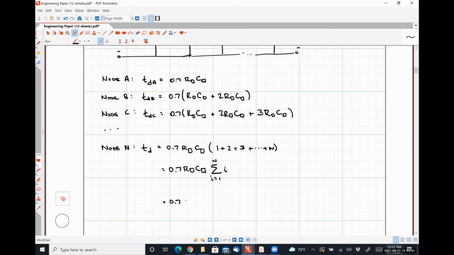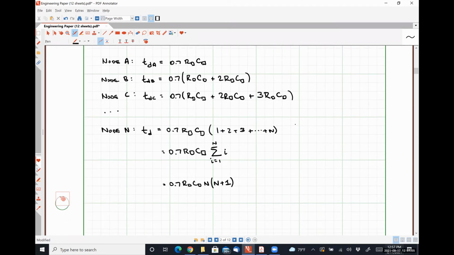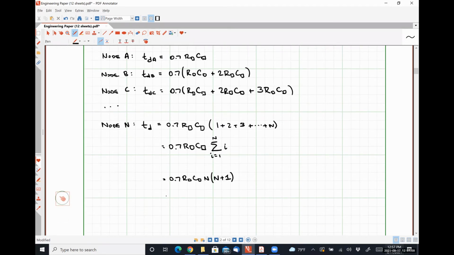As 0.7 r squared c squared n times n plus 1, or sorry, actually, I screwed that up. I forgot to factor 1/2 in here. When we do that substitution, it'll be 1/2 n times n plus 1, which looks like 0.35 r squared c squared n times n plus 1.